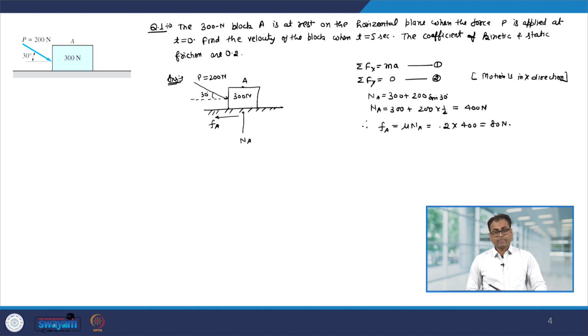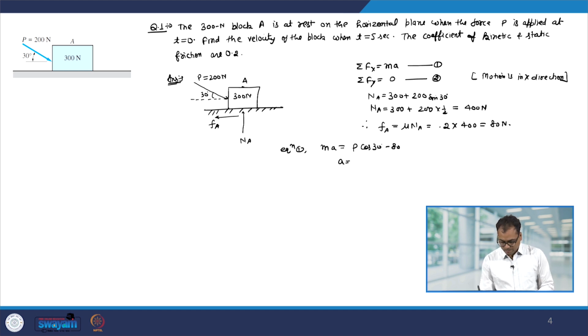Now, I can use equation number 1 because now Fa is also known and I know all the forces that are acting along the x direction. So, from equation number 1 we have ma equal to the total force along the x direction, which is P cos 30 degrees minus 80 Newton.